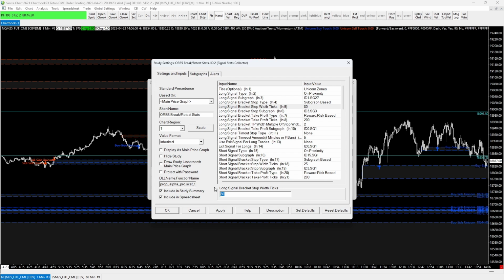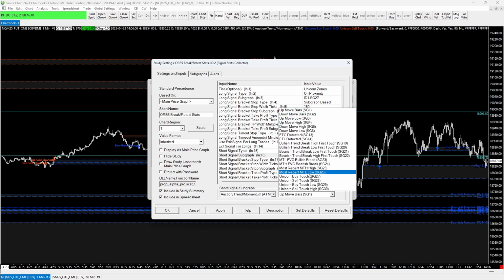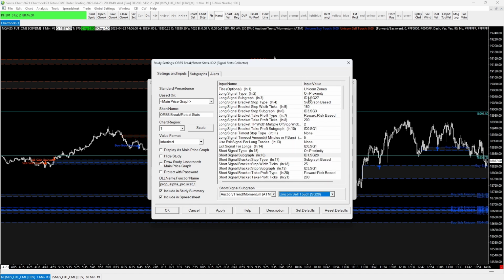Yeah. So we could do, what is 40 times 4? It's 160. Let's do that. Let's look for 2R on that. I do think you want to play these for skew. Now we'll see what stats say for what they're worth. Okay, so this one's a buy touch, this one's a sell touch.